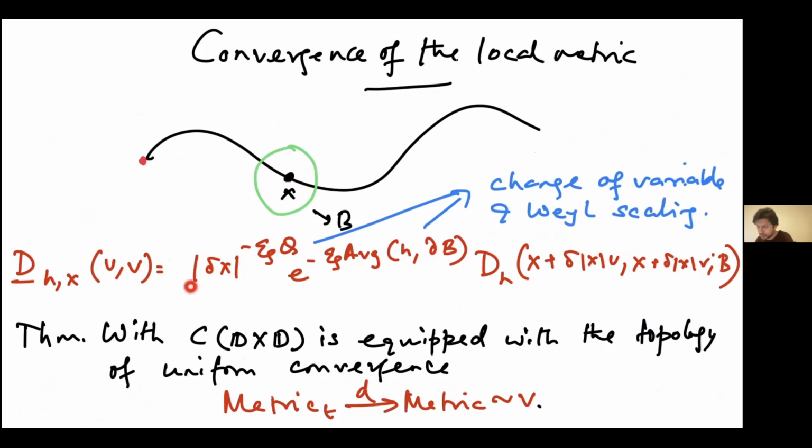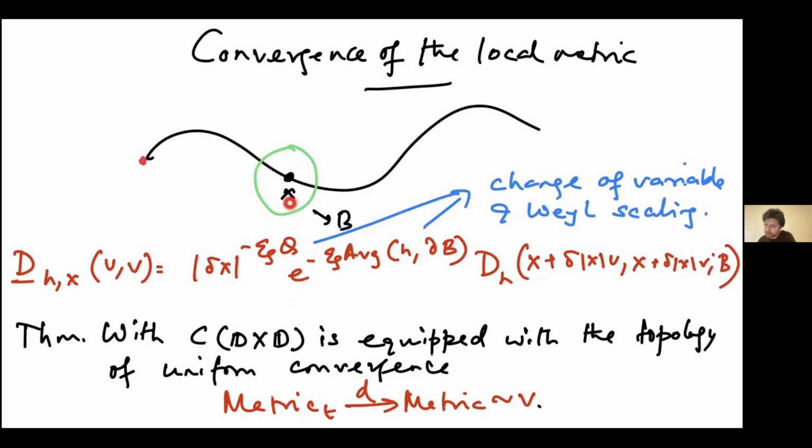These things show up because I'm doing this change of variables: I'm taking the metric from a ball of radius delta times x to a unit disk. And there is this centering which makes the average 0. This is the factor that comes up because of Weyl scaling, the change of coordinate formula in this setting.